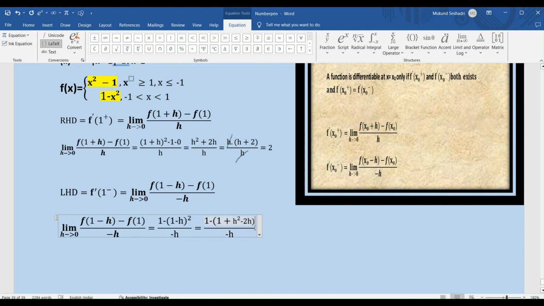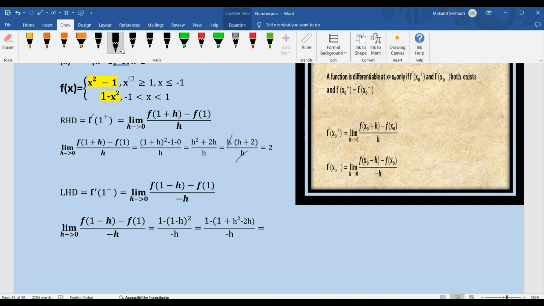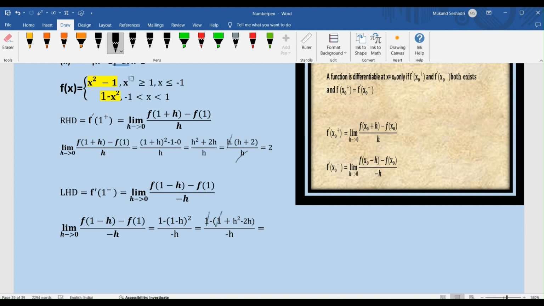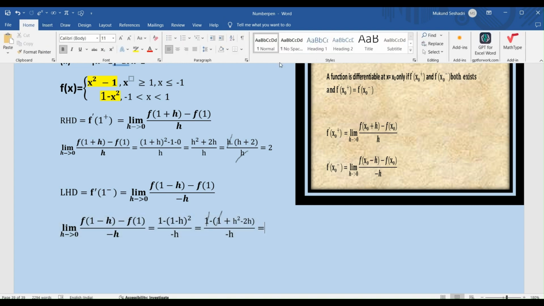And then when I further write this, I clearly see that my 1 and 1 get cancelled. So I can remove the 1, and I have minus of h square minus 2h in the numerator.